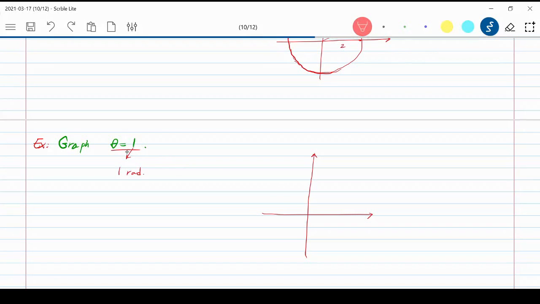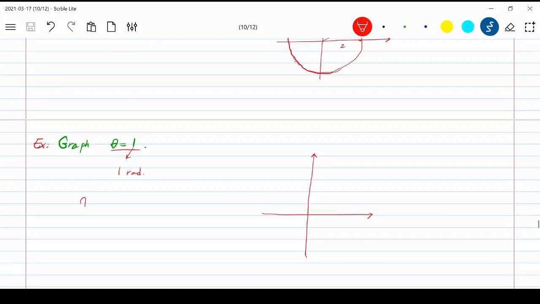It's not something that you can draw easily. You can draw theta equal to pi over 4 comfortably because you can say this is 45 degrees, but 1 radian is close to 60 degrees. So let's say this is theta equal to 1.